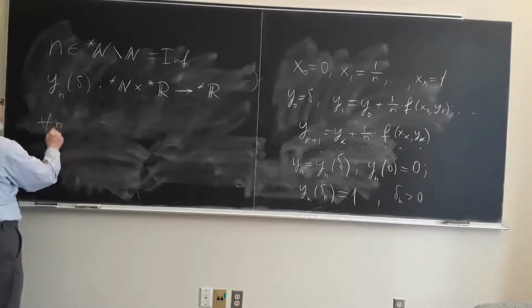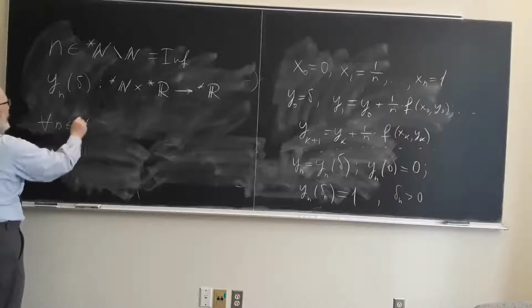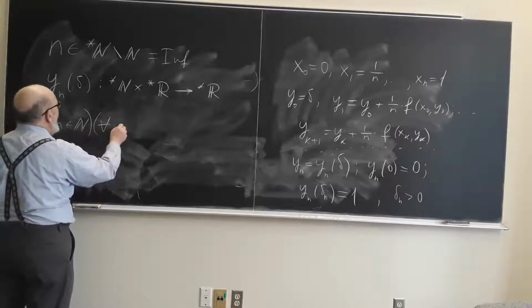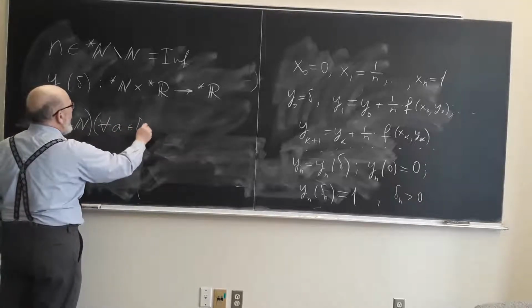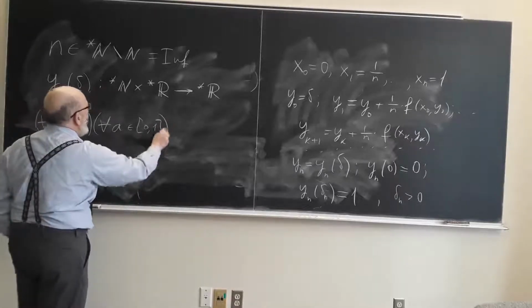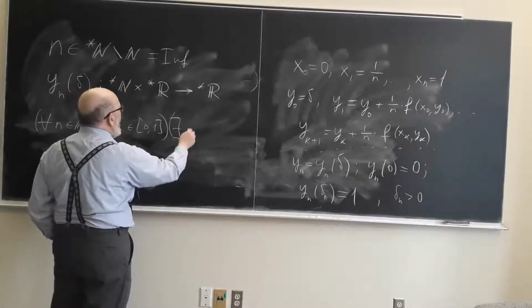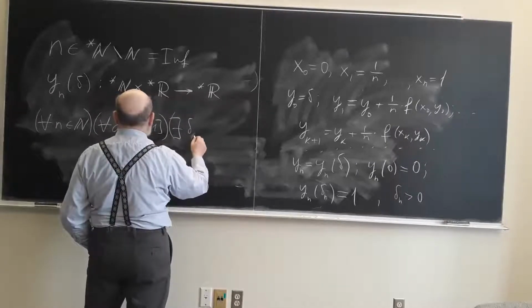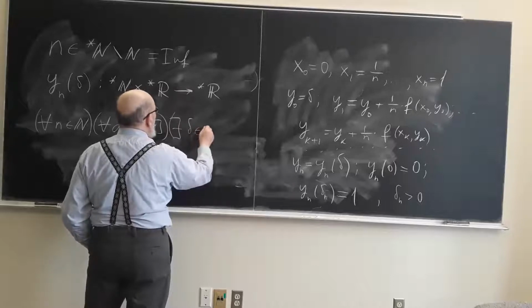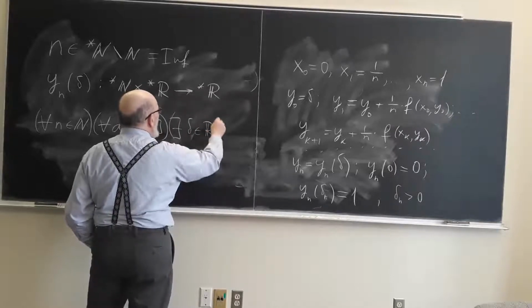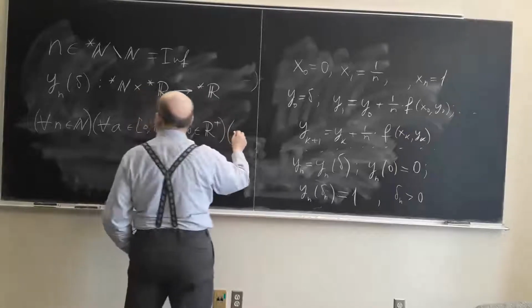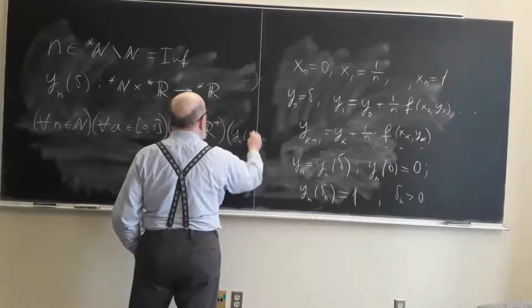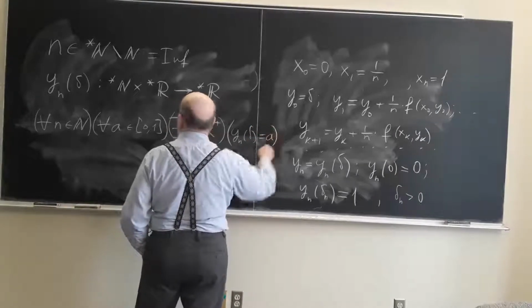For any n, for any a, say between 0 and 1, there exists positive delta such that yn of delta equals a.